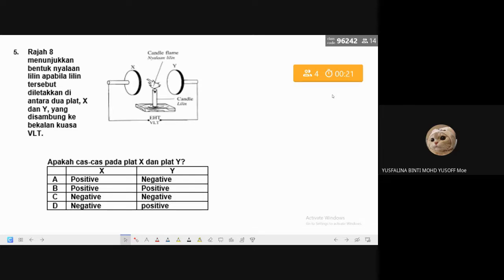So what is the charge for the X plate and the Y plate? You need to know that the bigger flame has what charge. This side has a bigger flame, so what charge is that? And this one is what charge? Then you can know what is the X charge and the Y charge, because opposite charges attract each other.